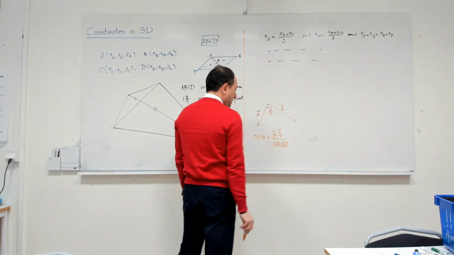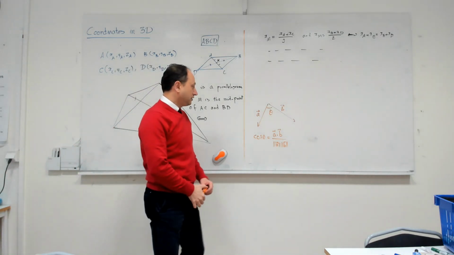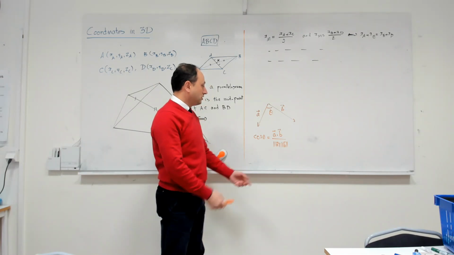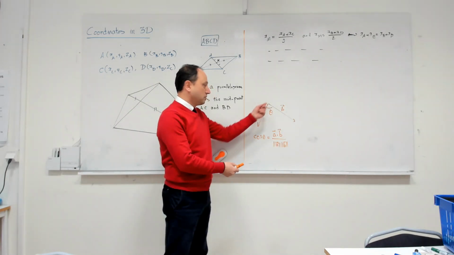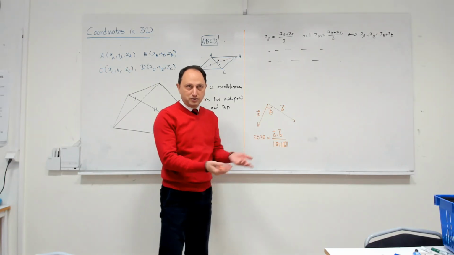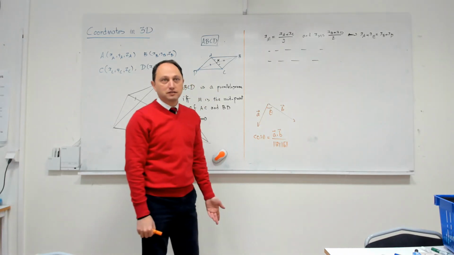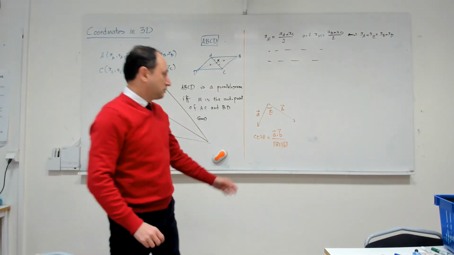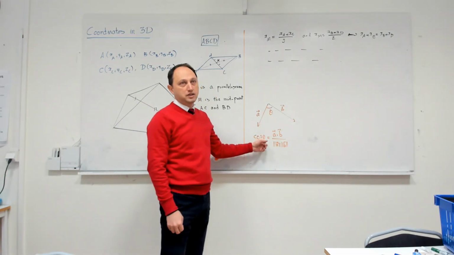But this is usually useless, because if I want to really calculate theta, first of all, for calculating the length of vectors, I have to use measuring tools in geometry, which is not precise. Another point is: what is A dot B? I need to find a way to calculate A dot B, so that if I put it here, I can use trigonometry or algebra to find this angle.